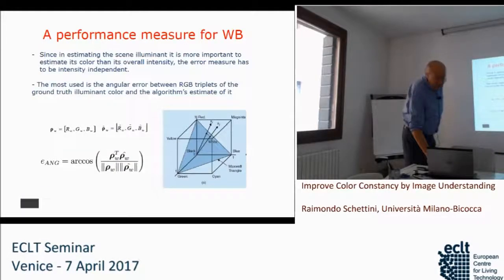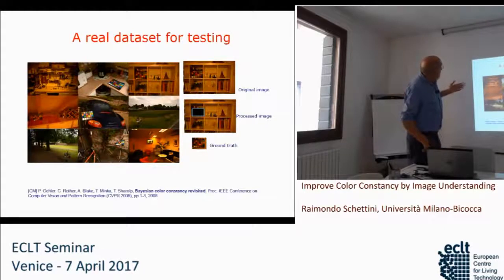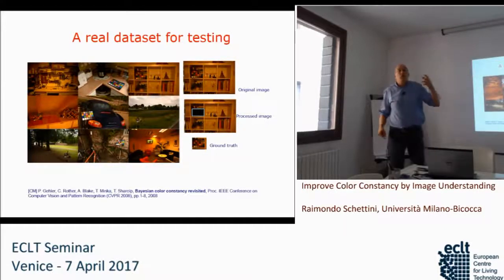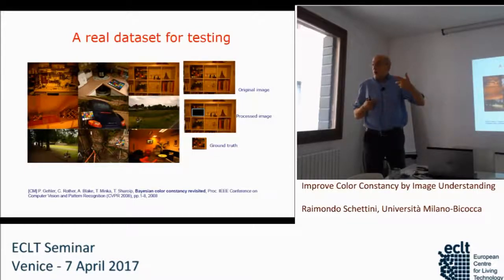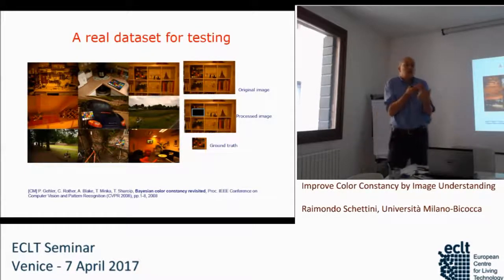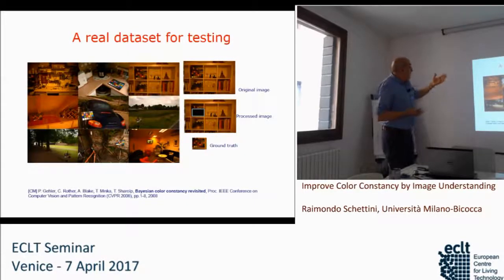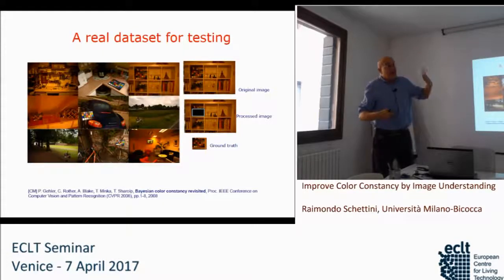Obviously, to evaluate the error, you know that color is a three-dimensional feature, but actually these three dimensions are composed of chrominance and luminance. The same scene can be under exactly the same light, in terms of chromatic adaptation, but have different illumination levels.